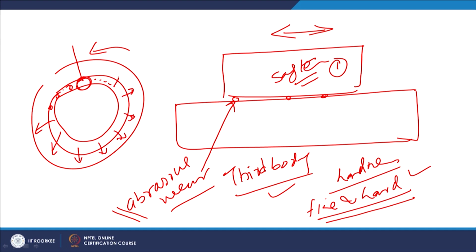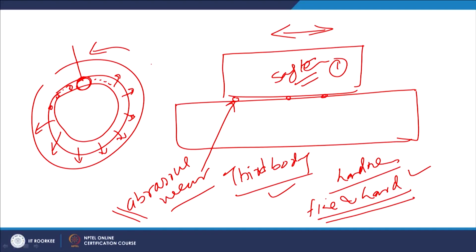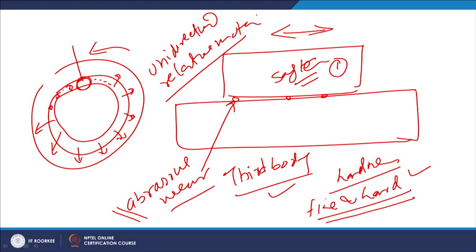So the chances of such wear debris particles being present in the wear track will be minimum, and therefore the chances for them to act as a third body will be less in unidirectional relative motion between the components.